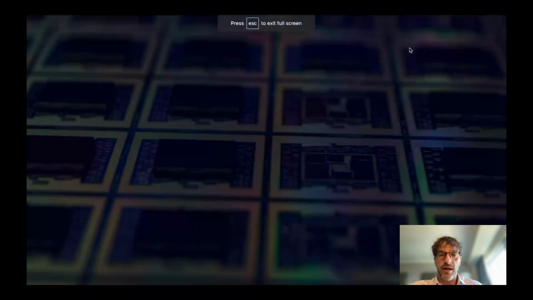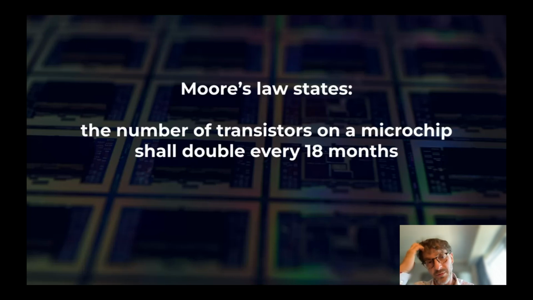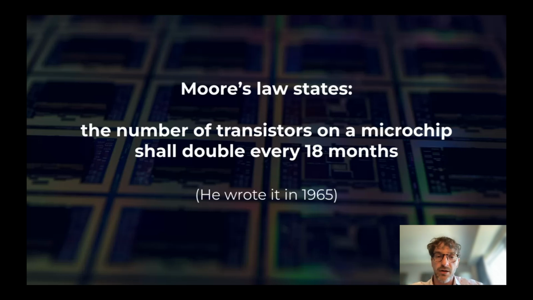So, how many of you are familiar with Moore's Law? For those of you that are not, Moore's Law states the number of transistors on a microchip shall double every 18 months. He wrote that law in 1965. You could say that the Silicon Valley mantra is Moore's Law.